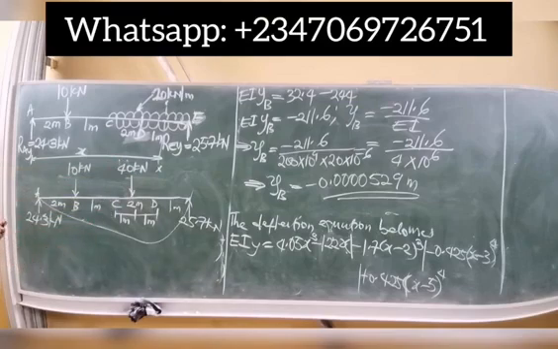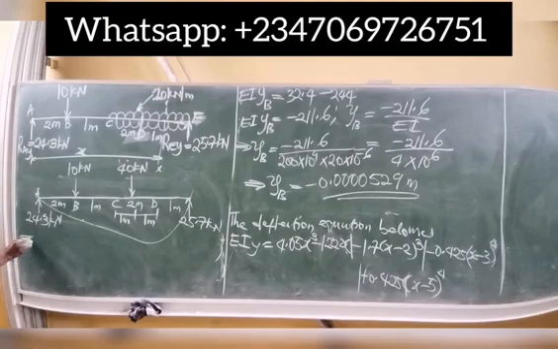So we simply find, by gauging, the value of x. From A to B is 2 meters, from B to C is 1 meter, and from C to the point load where this 40 kilonewtons load is, is simply 1 meter. So maximum deflection will simply occur around where we have the greater load on top of the beam.